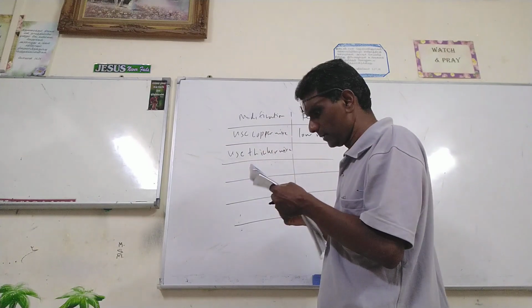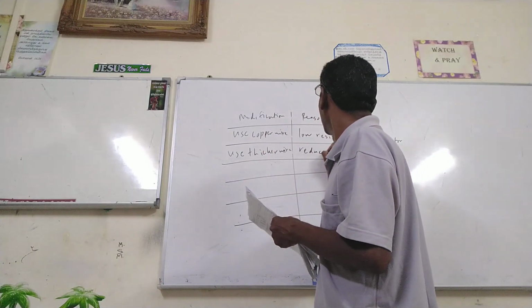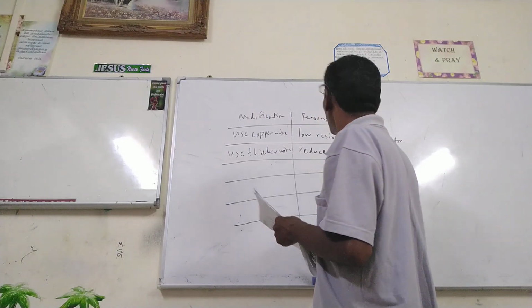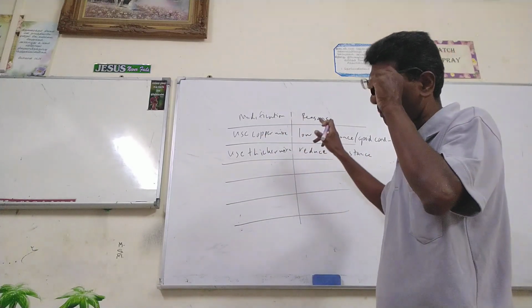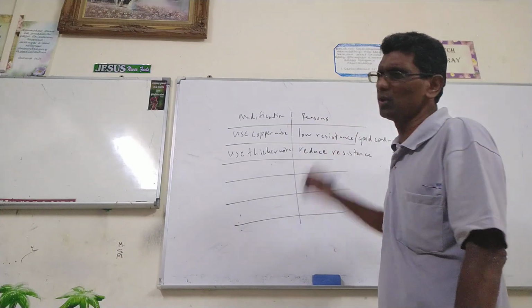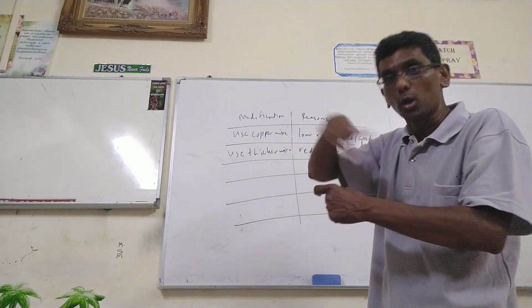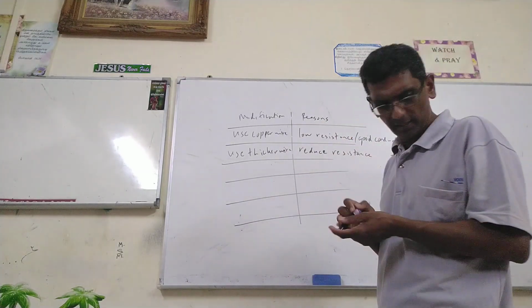Use a thicker wire, thicker copper wire, to reduce resistance. First thing, use copper coil wire because copper wire is a good conductor, naturally low resistance. Use thicker wire. The coil wire must be thick. Use thicker coil wire to reduce resistance.